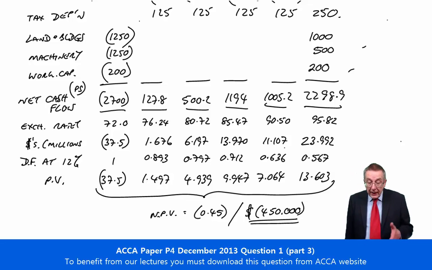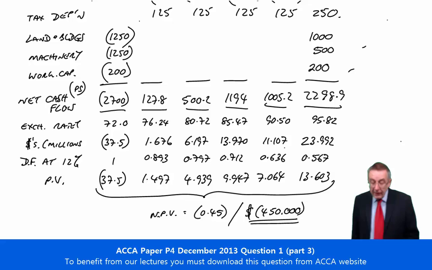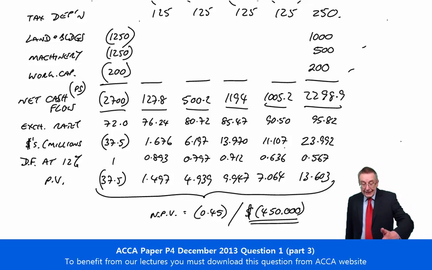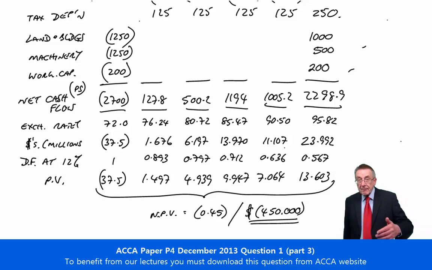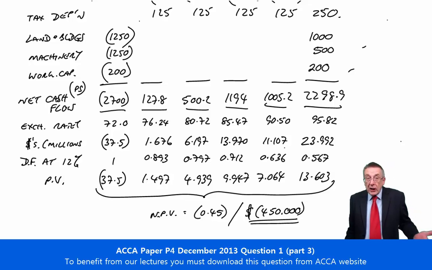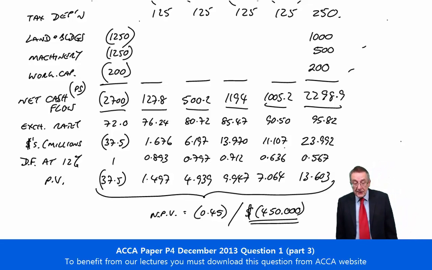It also asks for assumptions. Well, I mentioned already assumptions in getting the exchange rates we've used. Purchasing power parity works if those rates of inflation were correct and would stay at 8%, 2%, which in real life would be ridiculous.